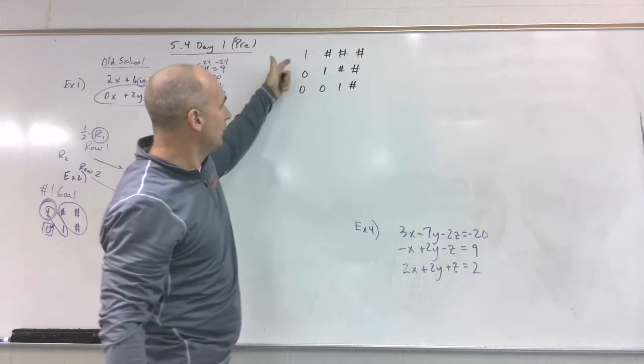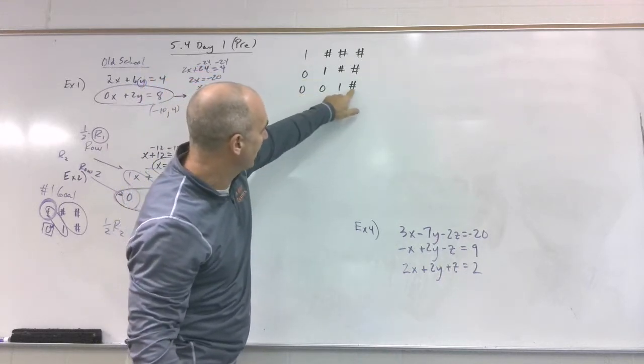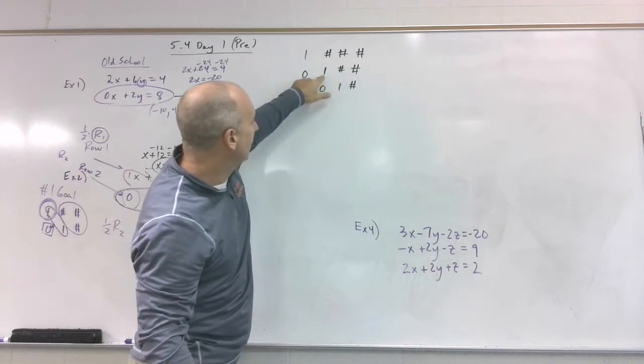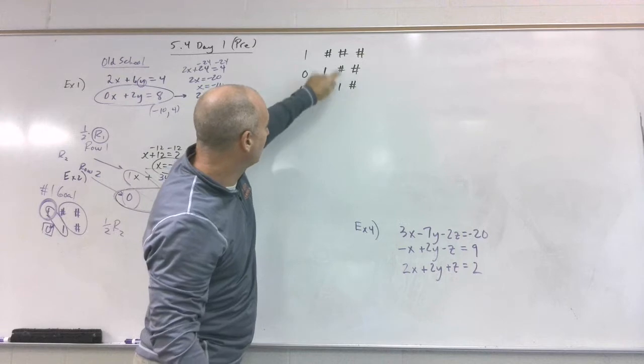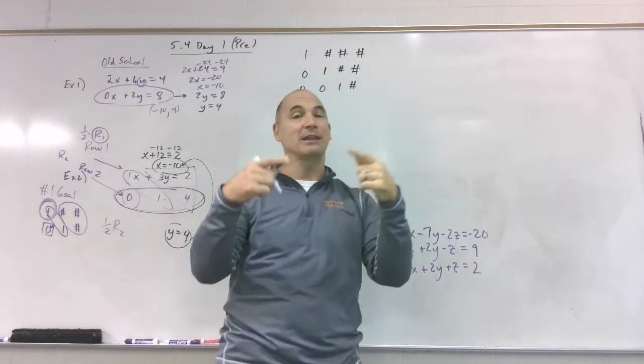Think about it. If you get to here, you simply start on the bottom and you say z equals whatever that is. And you plug that number into here and you find y. Then once you found z and y, you plug it in here and here and you find x. So in a nutshell, that's Gaussian.